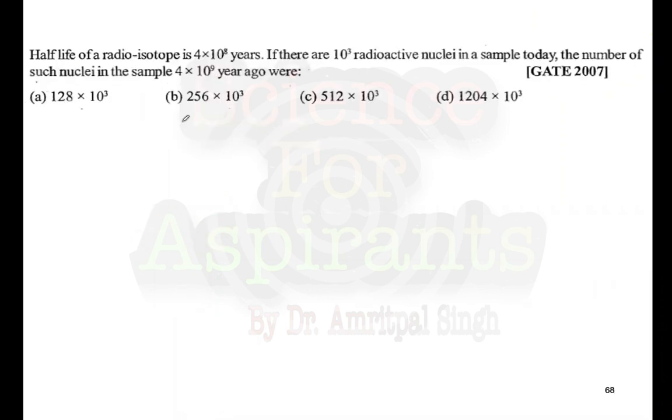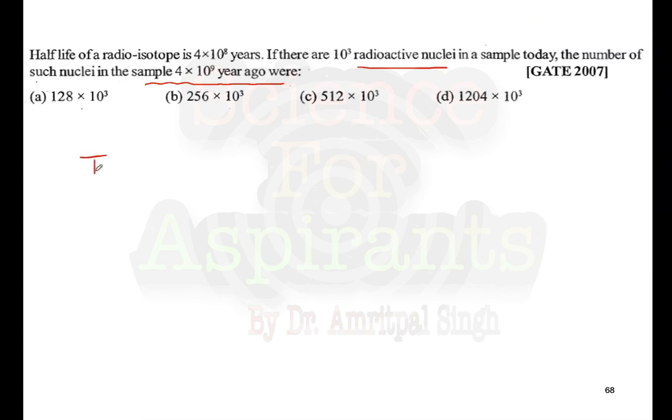So the next question is, the half-life of a radioisotope is 4 into 10^8 years. If there are 10^3 radioactive nuclei in the sample, then the number of such nuclei in the sample 4 into 10^9 years ago will be?